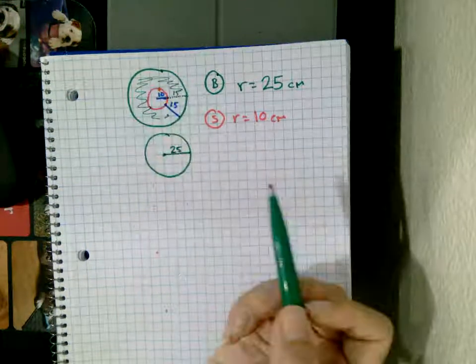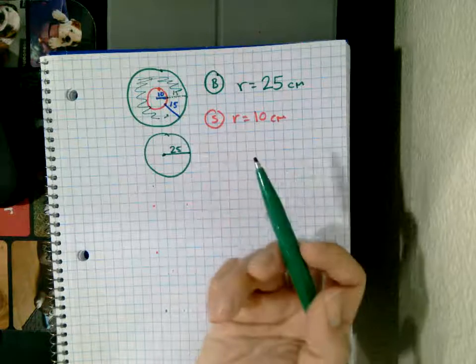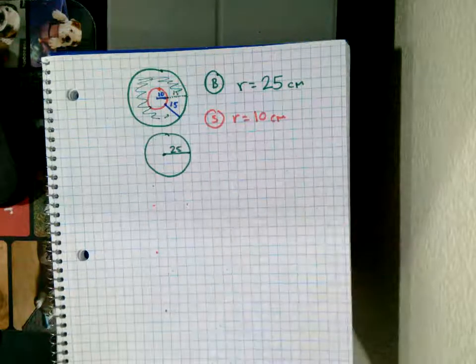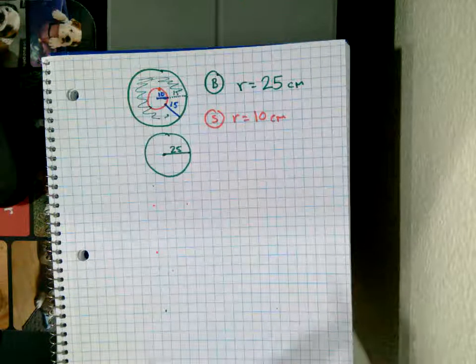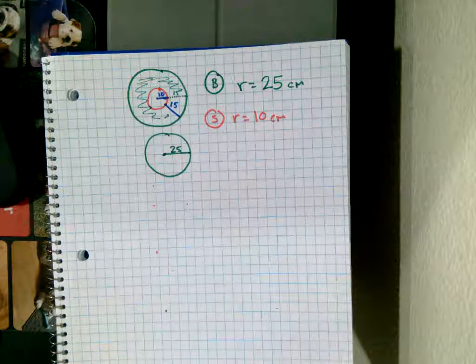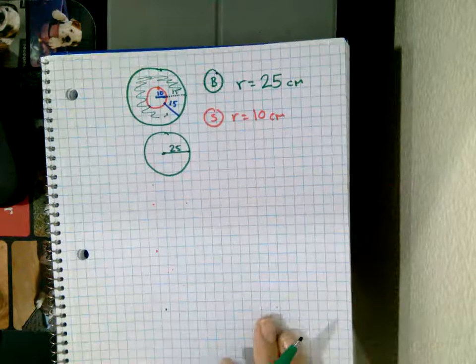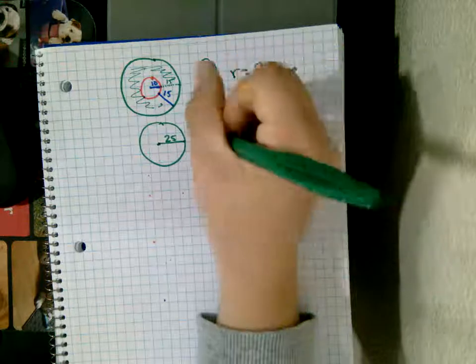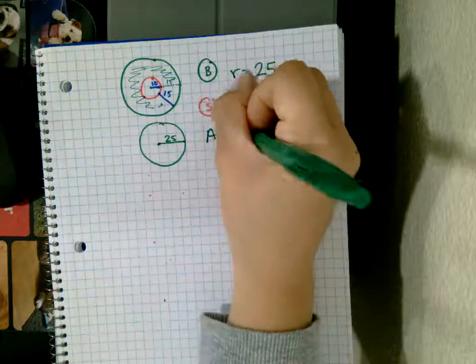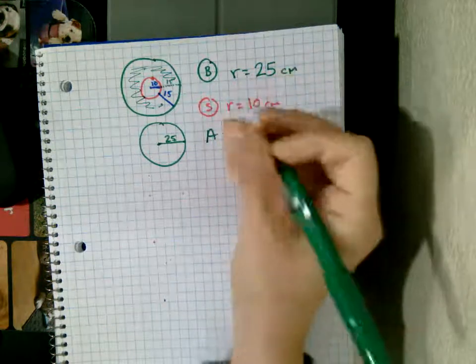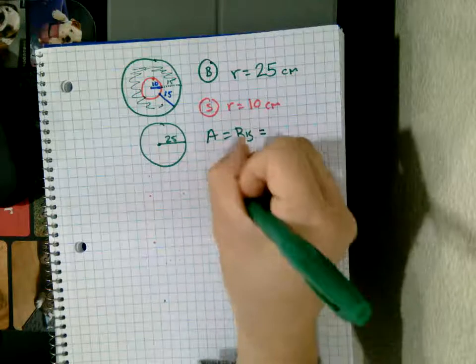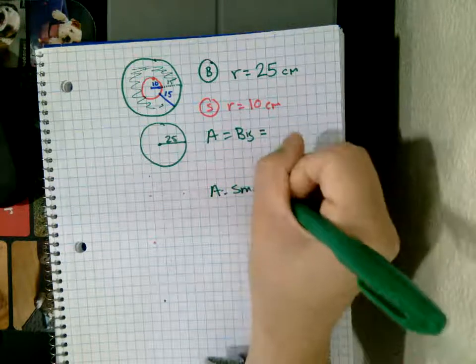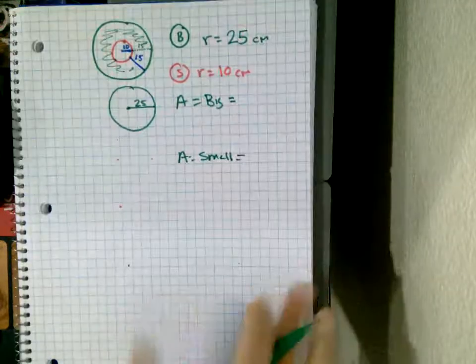All right, so now let's find the area of the shaded part. Like the donut. Basically, we're finding the area of a donut, because donuts get the center part cut out, right? So you need to find the area of the big circle and then the area of the small circle and then subtract them.